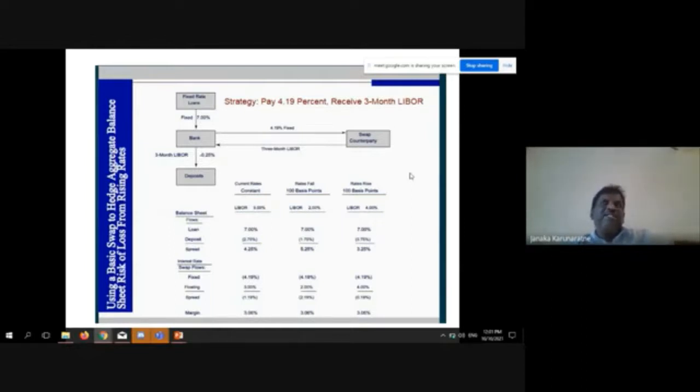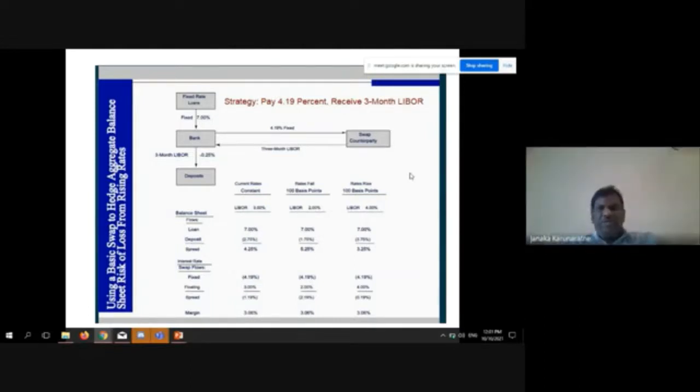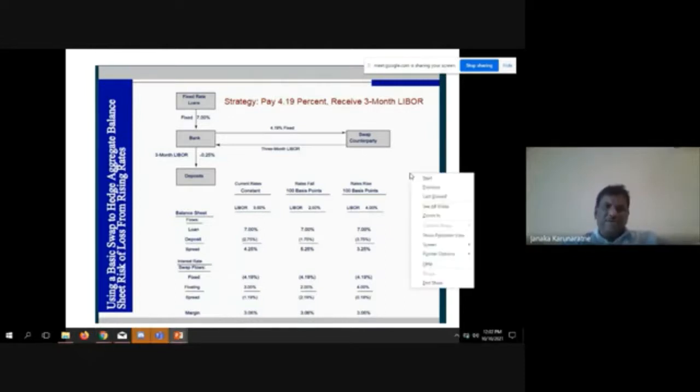When I say right instrument, I mean with the maximum utilization of your resources, based on the scenario. And how do you structure it? That's very important as bankers. Okay. So we'll move on to the next slide.